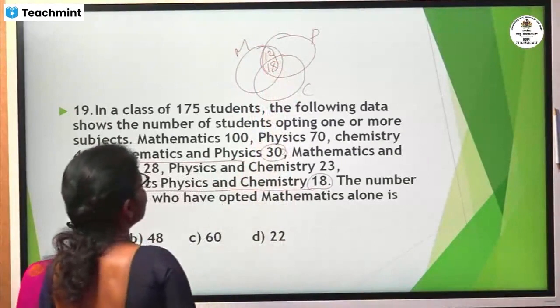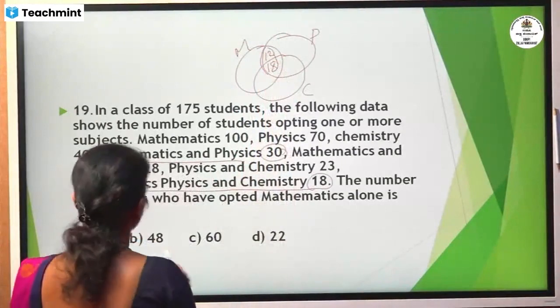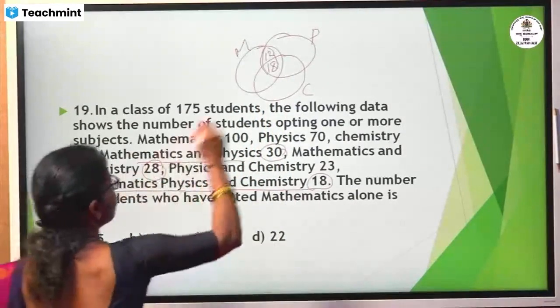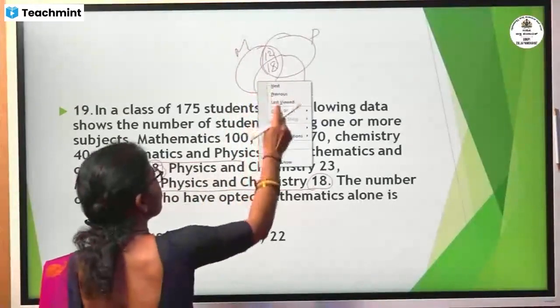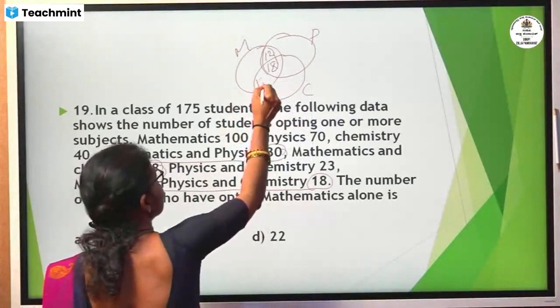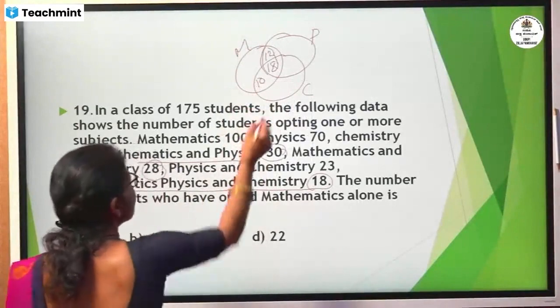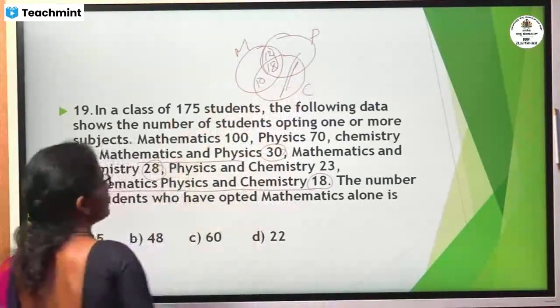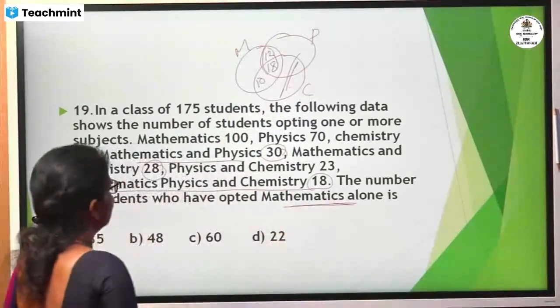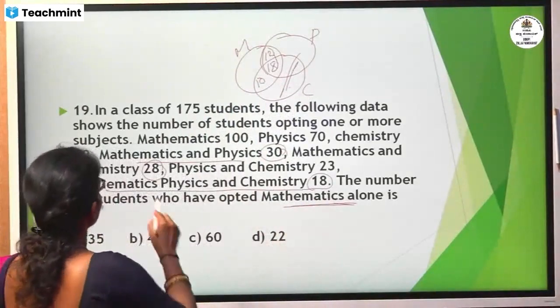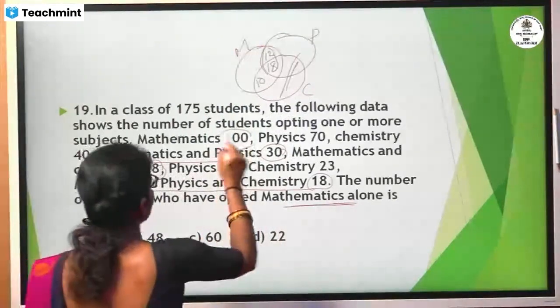Next, consider mathematics and chemistry, that is 28. 18 is there already, so this will be 10. Now, no need to fill all these regions because we need only mathematics, right? Under mathematics, how many students are allotted? 100.